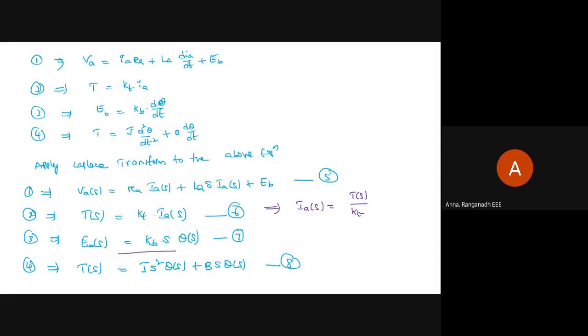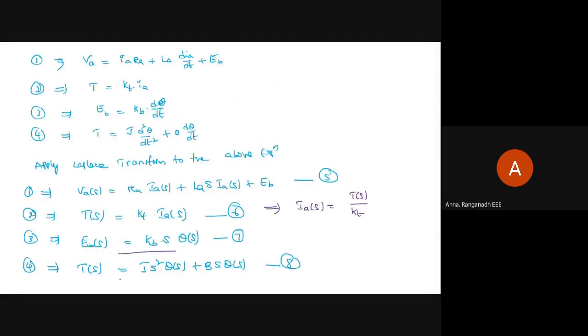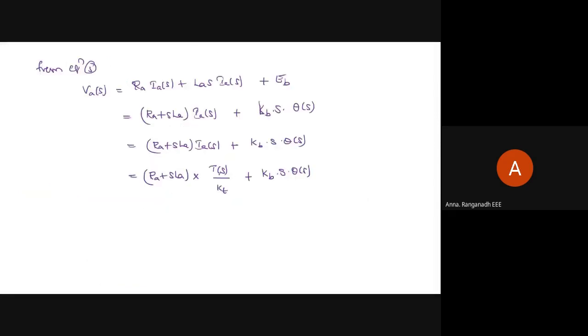Now this will be substituted in that equation. So RA plus S LA into, instead of IA of S, I substitute T of S by KT, plus KB into S into theta of S. Now the eighth equation relates completely to T of S only. So the eighth will be substituted in this expression.